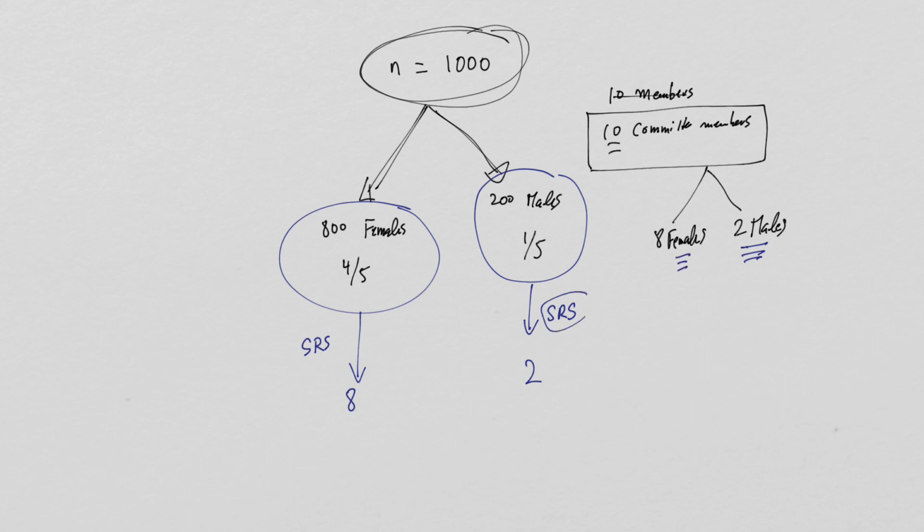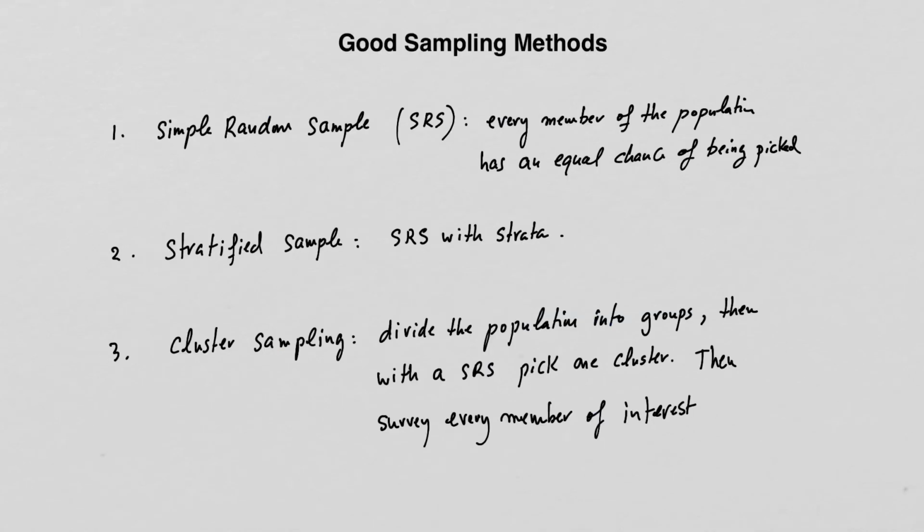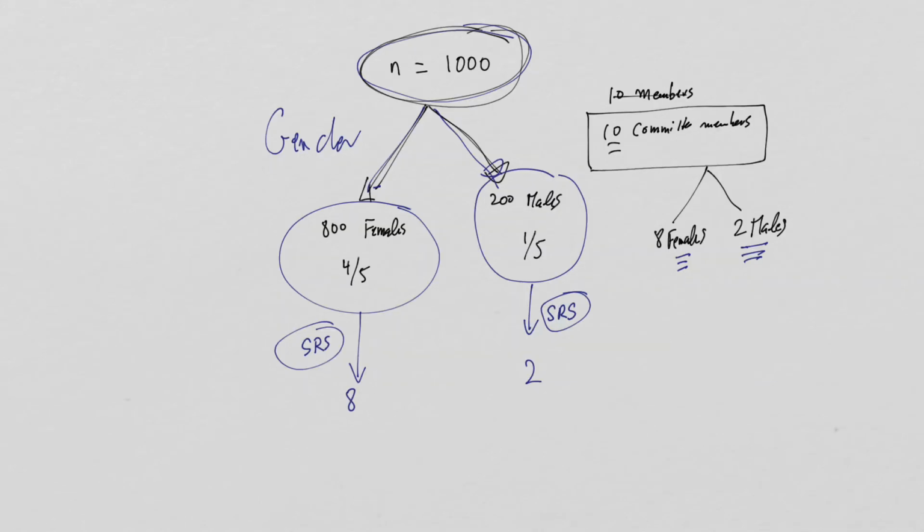I'm still using a simple random sample, but first I stratified my population of interest by gender. Does that make sense? Do you see how this is built on that? Okay, and if you do a diagram, you should call this SRS1, SRS2, right? You have 2 simple random samples.